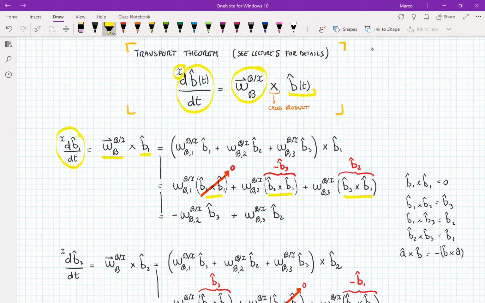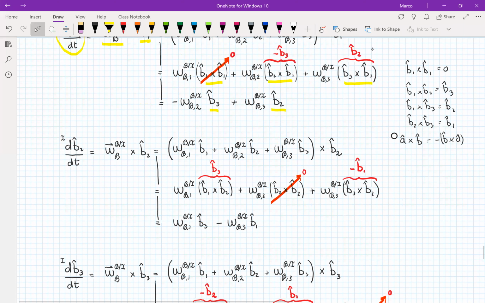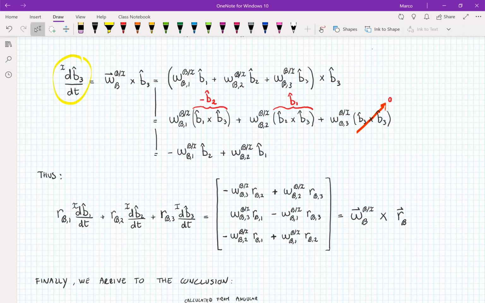So we find that this derivative has only two components, in the b2 and the b3 direction. We can repeat the same thing for the time derivative of b2 and the time derivative of b3. Please take a look at the details.